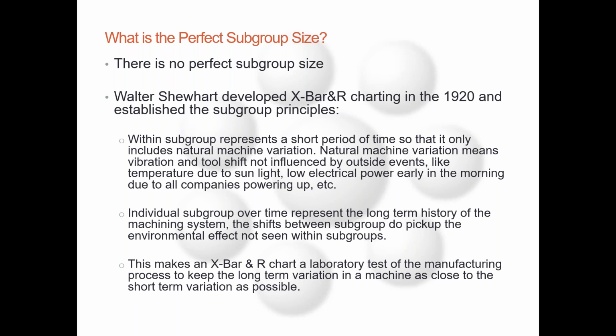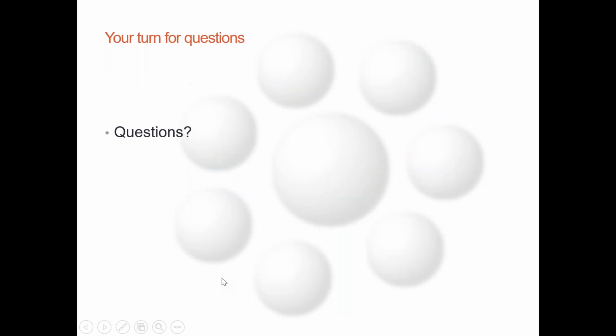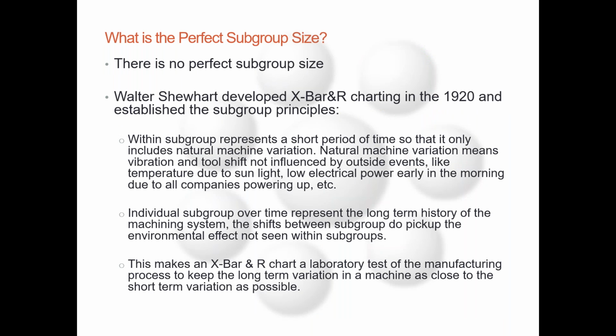So now what they're doing in an X bar chart is comparing what happened on the first hour, what happened on the second hour, what happened on the third hour, and how did the machine behave. Individual subgroups over time represent the shift in long-term history of the machining system.